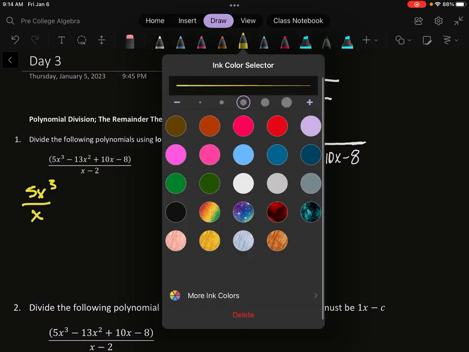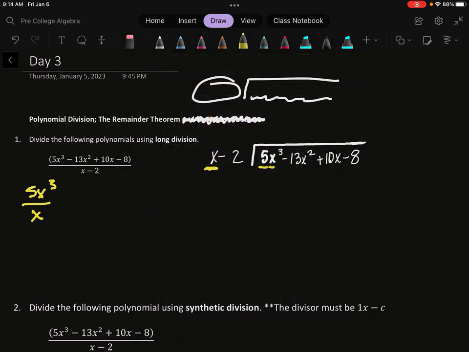And what do we know that is? We know that that is 5x squared, right? So we're going to put 5x squared on top there.